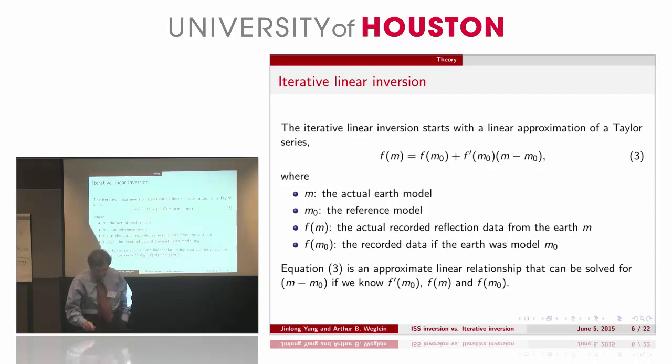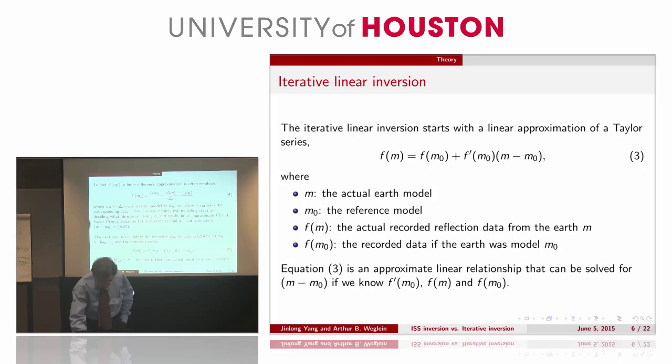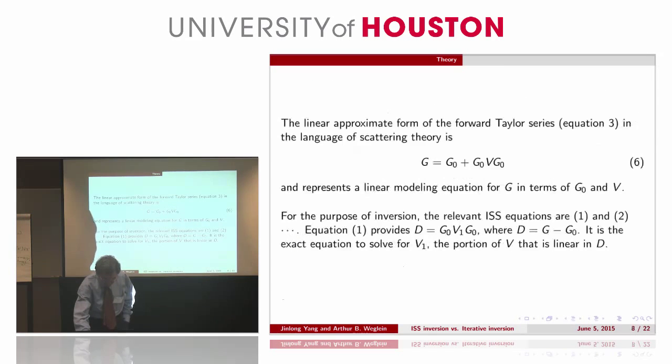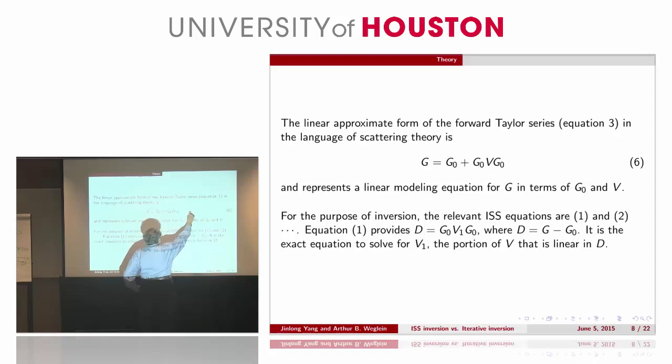Okay, so let me explain what I'm talking about. If you look at this, there's some kind of truncated forward in the language of scattering theory, right? We just truncate, yes? And we said, use this forward. In other words, let's talk in scattering theory language like we were iterative linear, yes? Clear?